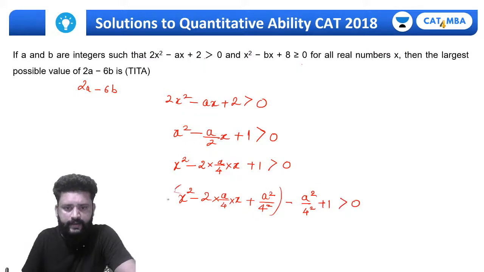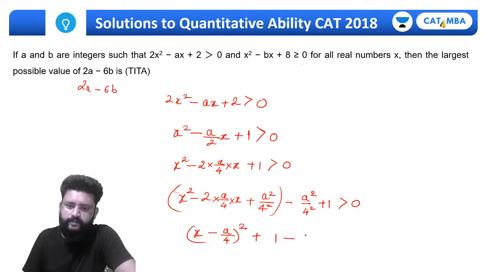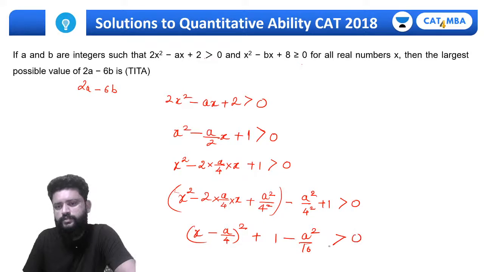Now this part I can write as x minus a by 4 whole square plus 1 minus a square by 16. This must be greater than 0.